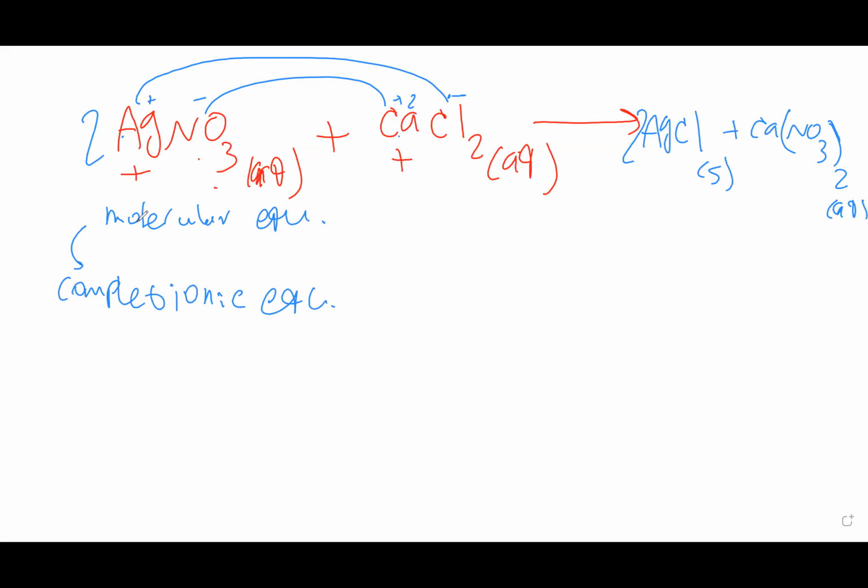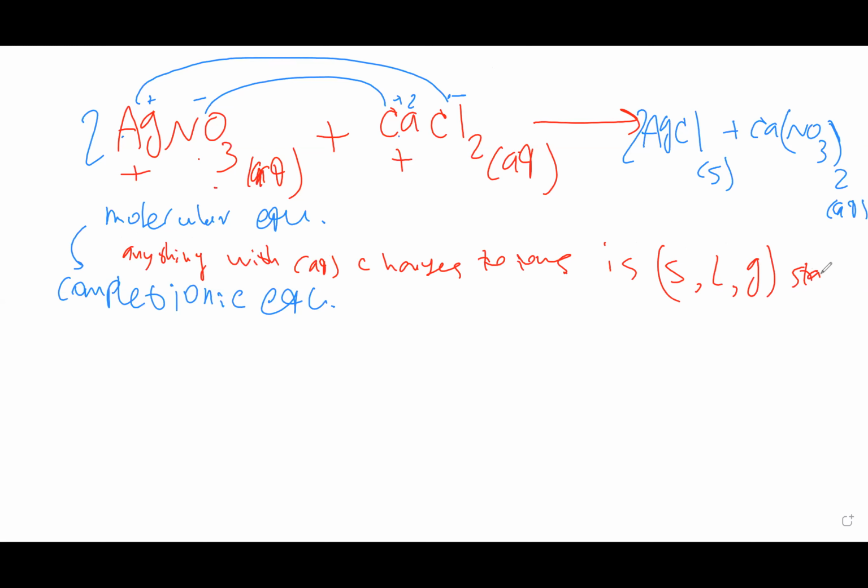In order to go from the molecular equation to the ionic equation, anything with the AQ changes to ions. If it is S, L, or G, it stays, it does not change.